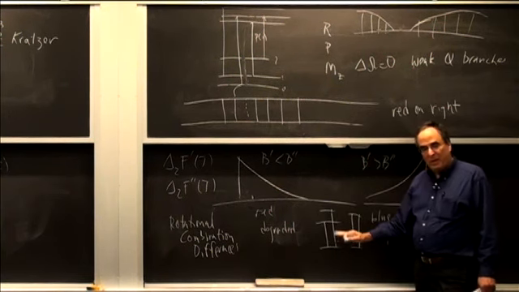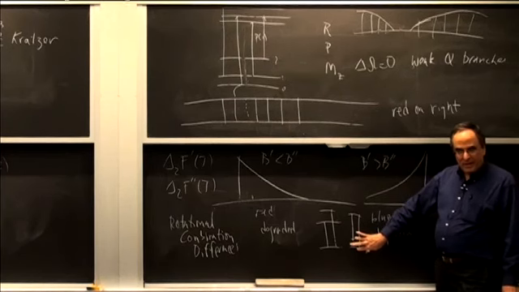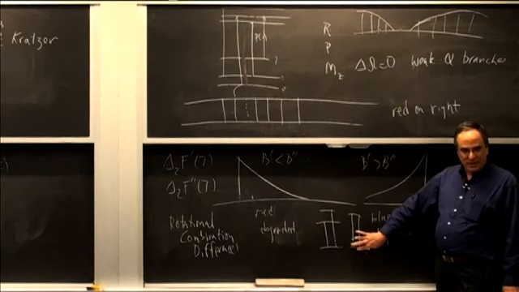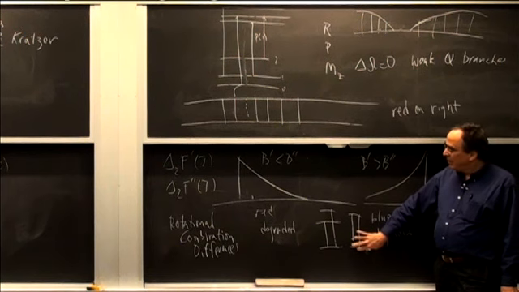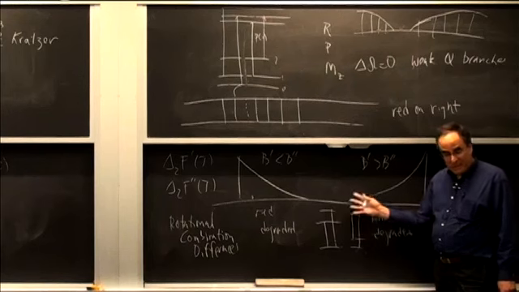Now, if you know the rotational constant of the lower state, well, then it's child's play, because then you do know what combination differences you could have, and then you go looking for them. And if your resolution and precision is sufficient, then you can make assignments.